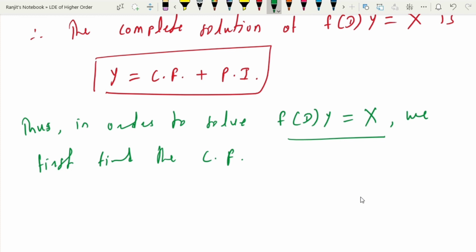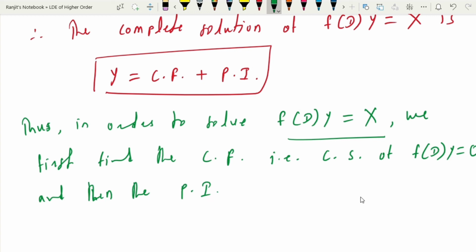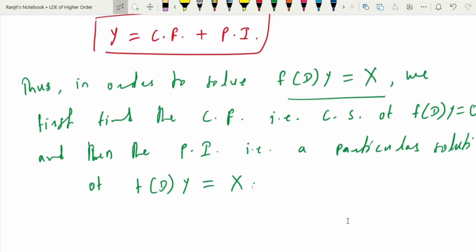Thus, in order to solve the non-homogeneous differential equation f(D) y = X, we first find the complementary function, that is the complete solution of the homogeneous differential equation f(D) y = 0, and then the particular integral, that is a particular solution of the non-homogeneous differential equation f(D) y = X. Hope all of you have understood this topic, linear differential equation of higher order with constant coefficients.